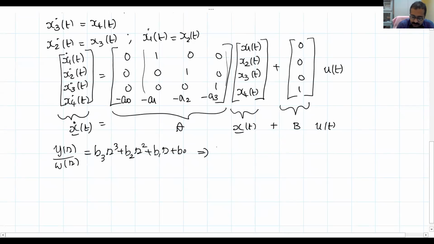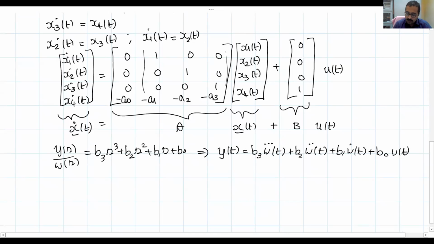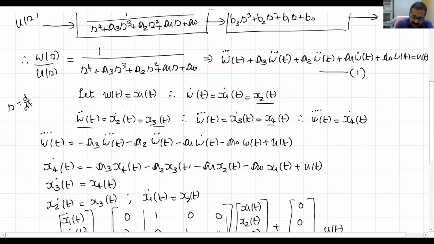From here you will get y of t as B3 w triple dot t plus B2 w double dot t plus B1 w dot t plus B0 w of t. But what is w of t? We had already defined it.